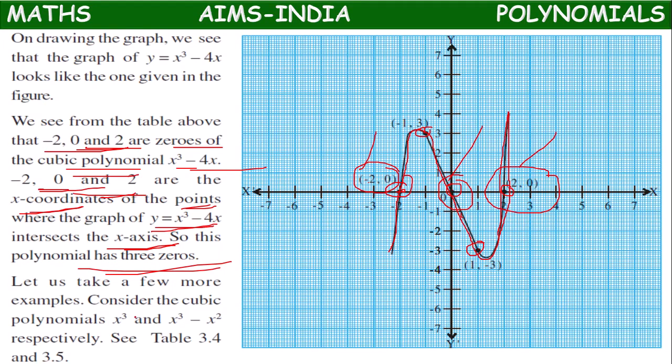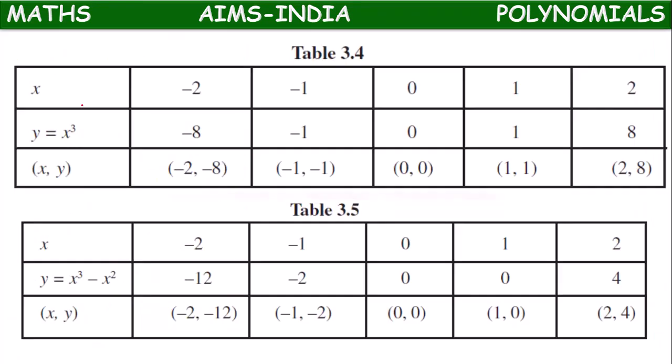So let's take some more cubic polynomials. One is x cube, another one is x cube minus x square. Let's construct the table for x cube. y equals x cube, the (x, y) points: (minus 2, minus 8), (minus 1, minus 1), (0, 0), (1, 1), (2, 8).